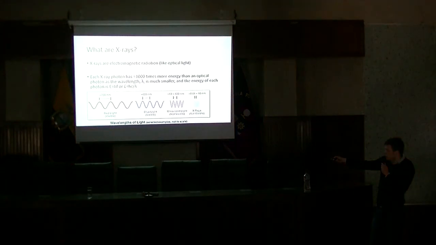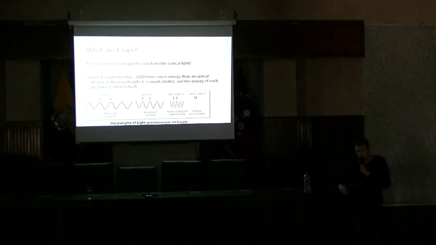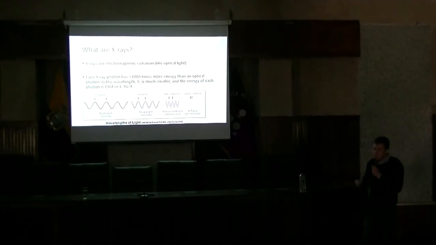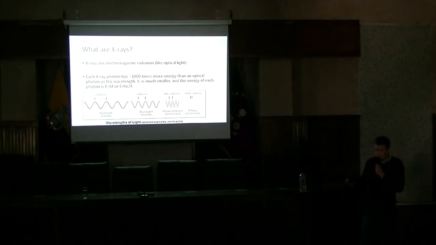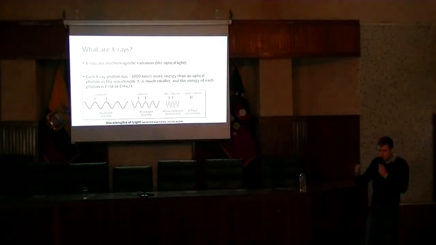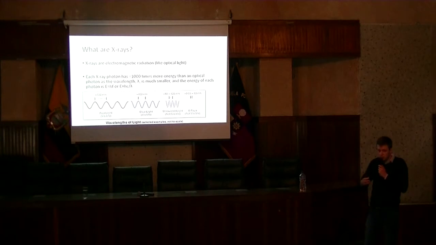And using this formula here, which gives us the energy of each photon, it is proportional to the inverse of the wavelength. So the energy of each X-ray photon is around 1,000 times more energetic than an optical photon. We generally treat X-rays as photons, not as waves, because they are in the high energy range.